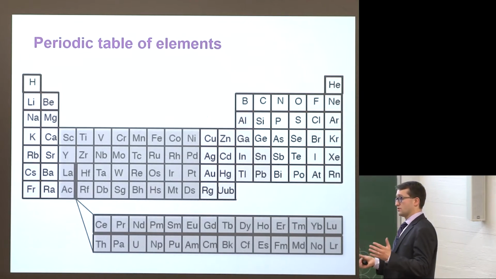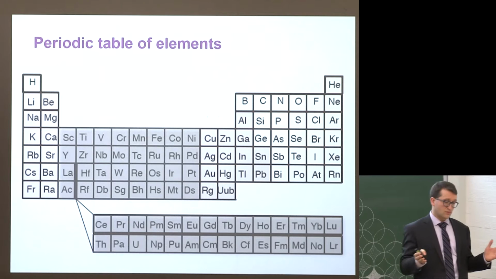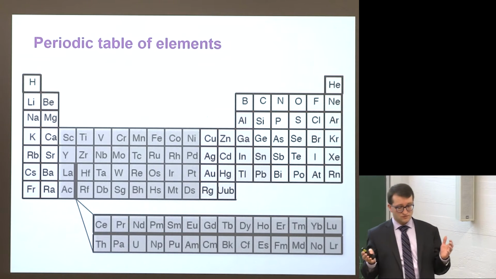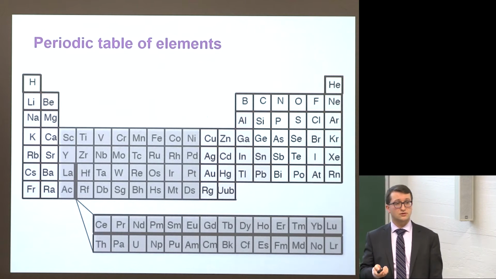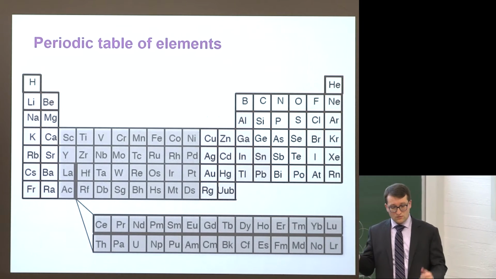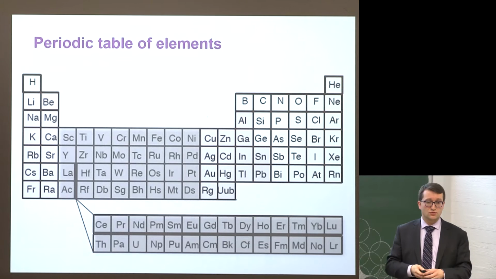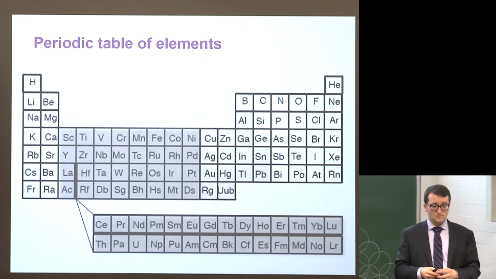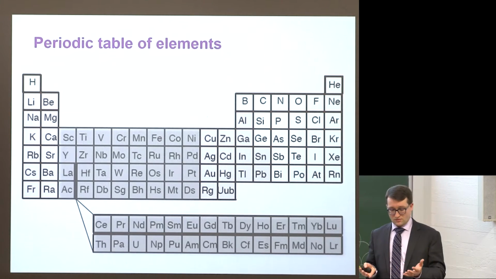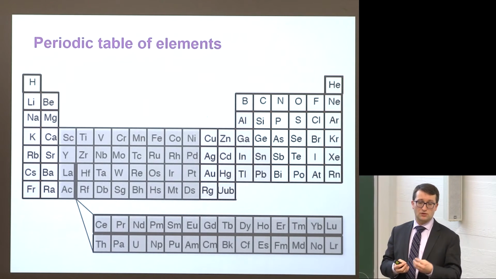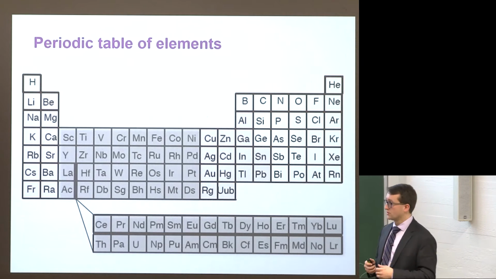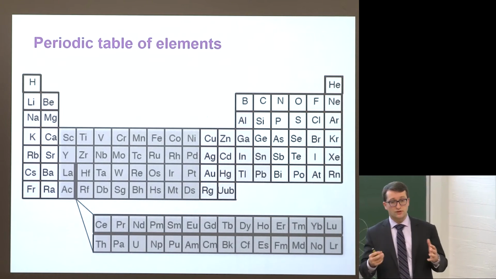Now looking at it a bit from the chemistry side of things, this is something you tend to see in a chemistry class, the periodic table of elements. You have different kinds of atoms. Not all the atoms are the same. The main thing in how they differ is the number of protons in the nucleus, followed then by the number of electrons in the electron cloud.